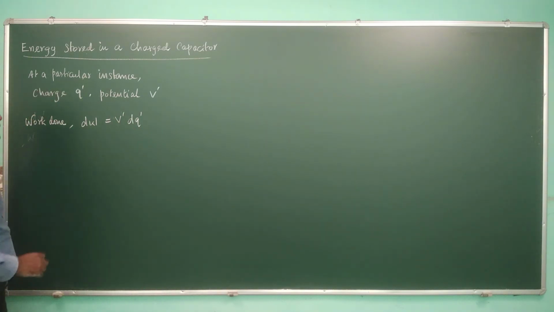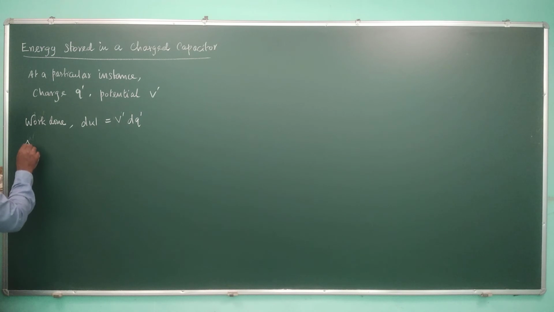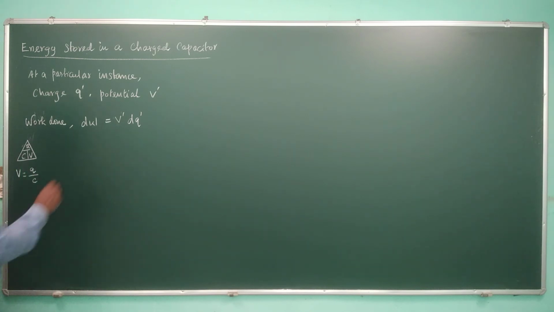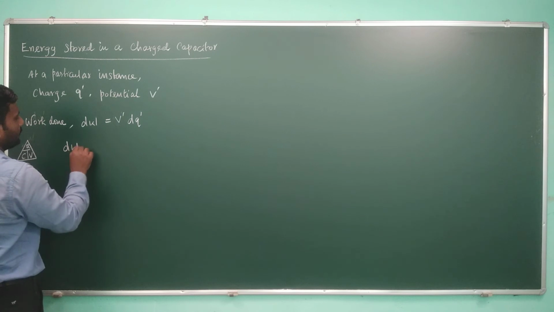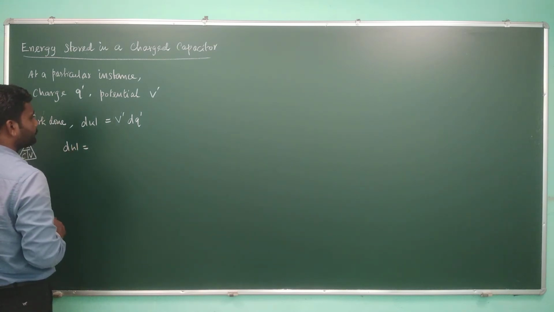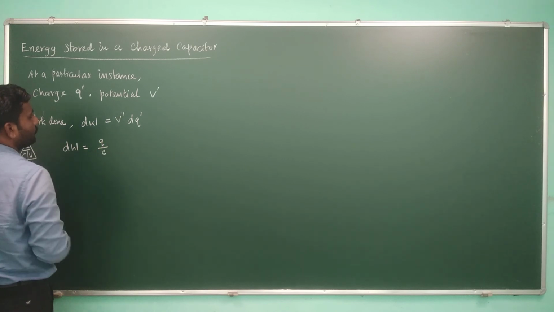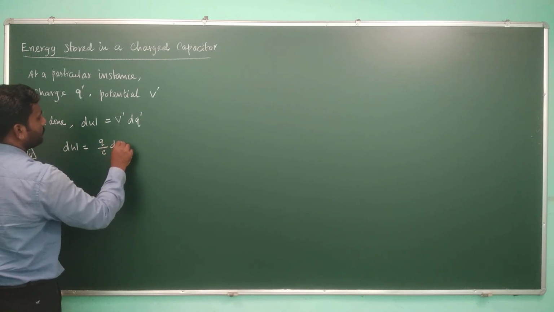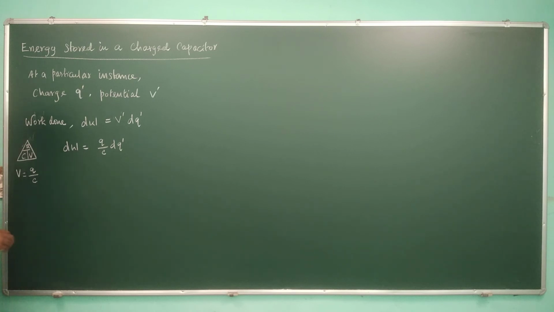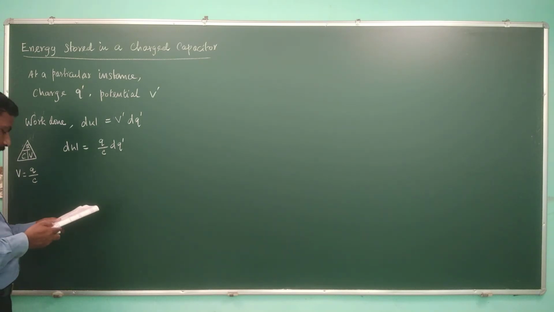Okay, this is the case. But from the formula triangle, Q equals CV, so we can replace V with Q by C. In that sense, this dW becomes Q prime by C into dq prime.